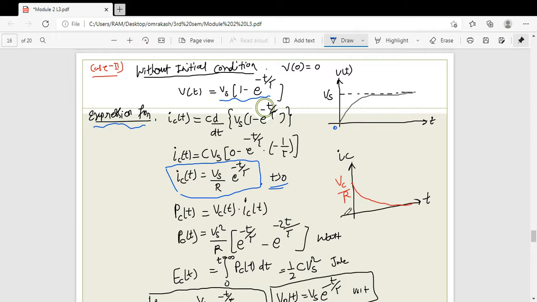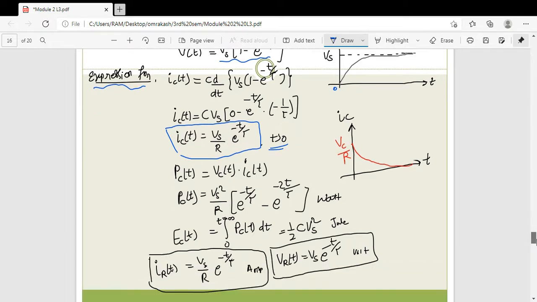Once you get this equation, you can easily draw the graph by putting different values of time. At the initial condition you put the zero value here, so the whole exponential becomes one. So the IC value is Vs by R. And what is the value of Vs here? Vc, right?